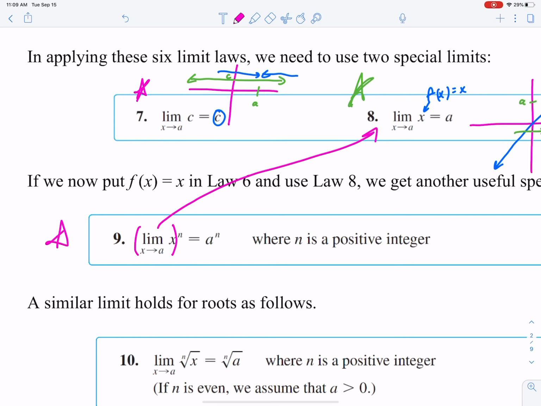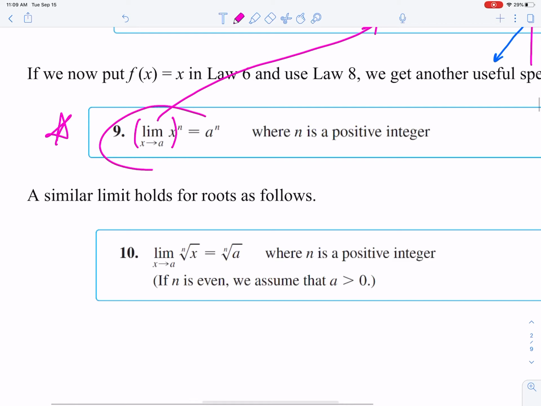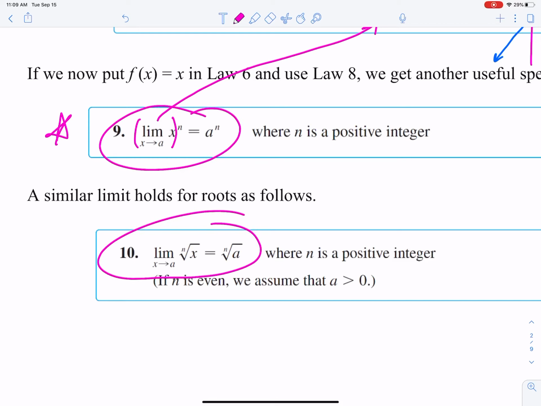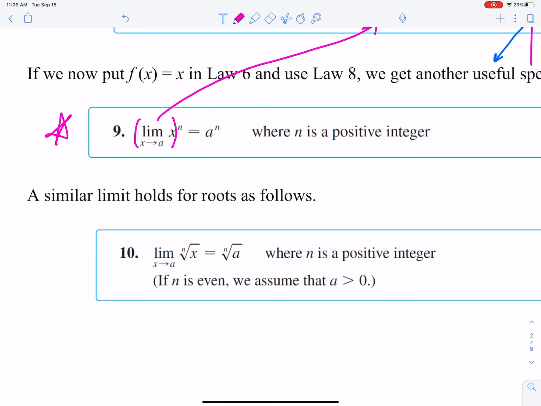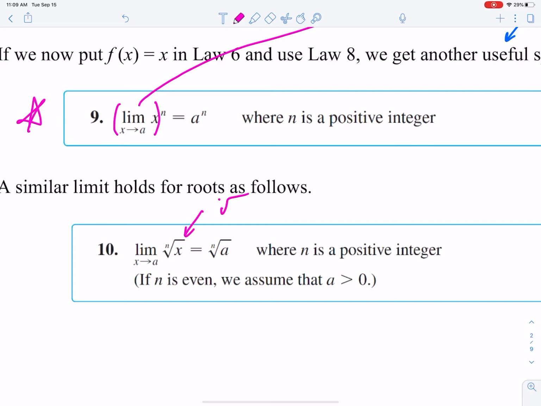Okay, so another important one. Of course, 9 and 10 are actually the same rule, right? Because radicals can be rewritten. The nth root of x can be rewritten as x to the 1 over n power. Remember, fraction exponents are radicals, so that's actually just an application of rule 9. No different. Okay?